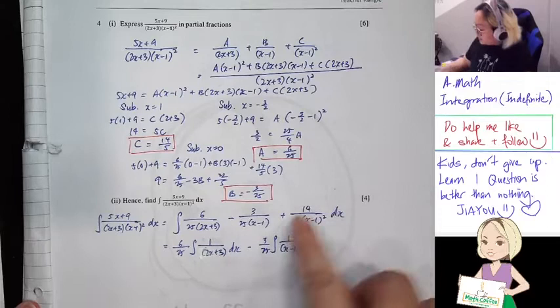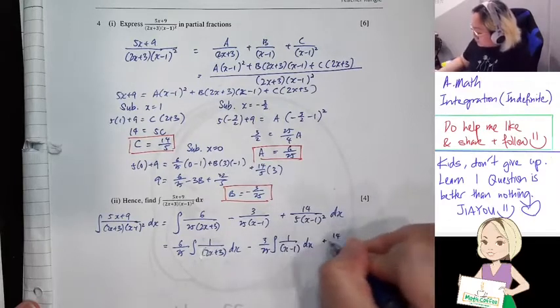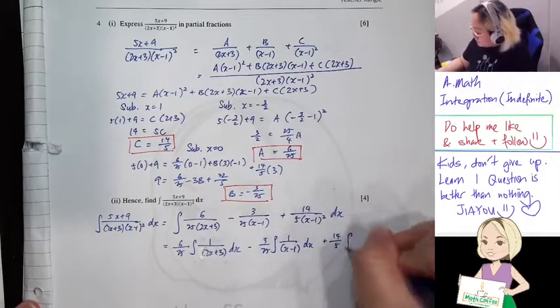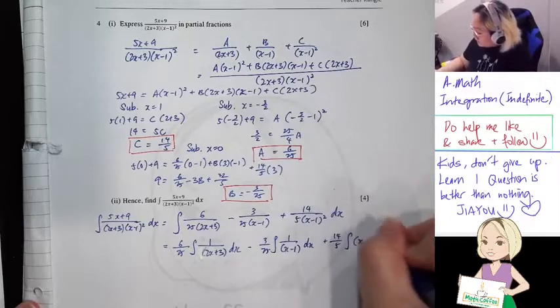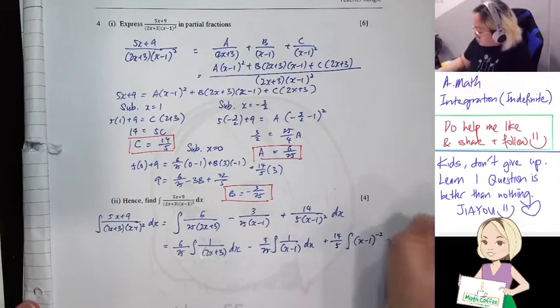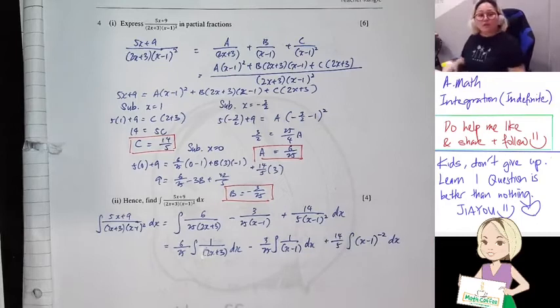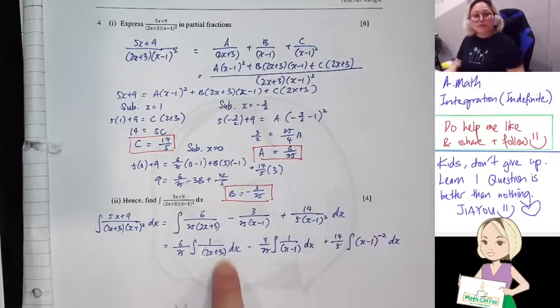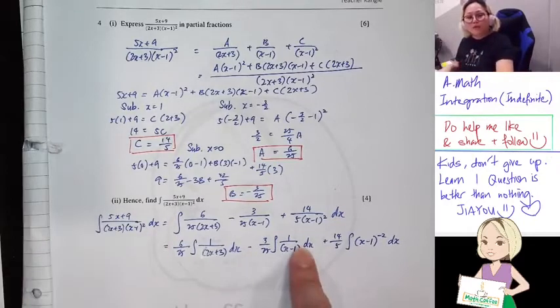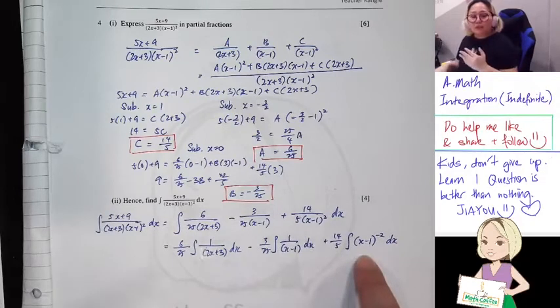Then plus 14 over 5 integrate (x minus 1) to the power of negative 2. So the first term, when you integrate, is related to ln. The second term is also referring to ln. But for the third one, you will just integrate as per normal, whereby power plus 1 over the new power.